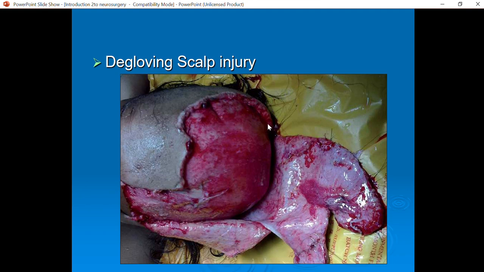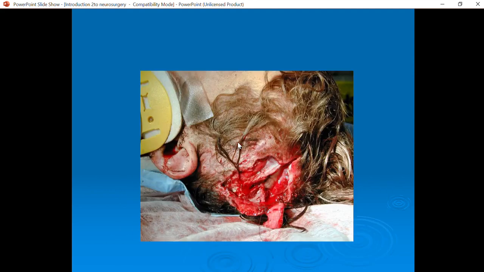It's not necessarily associated with fractures or brain insult inside. Although it looks ugly, the matter might be simple: just clean, debride and suture if there is no underlying insult.